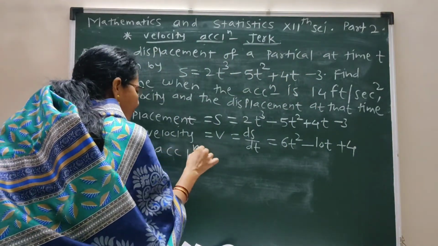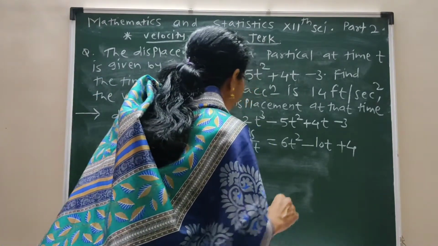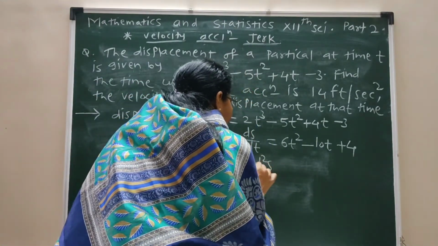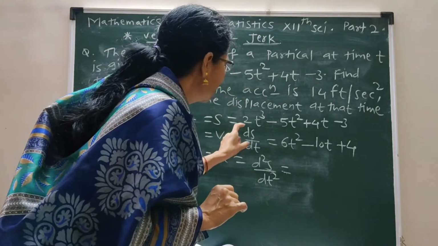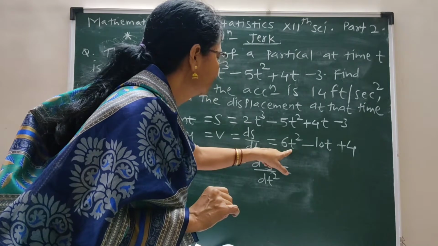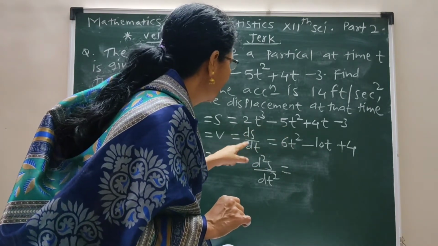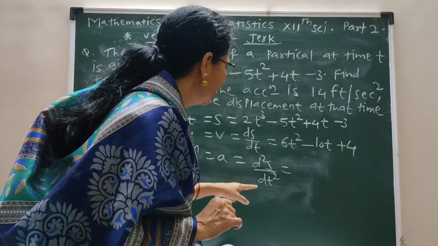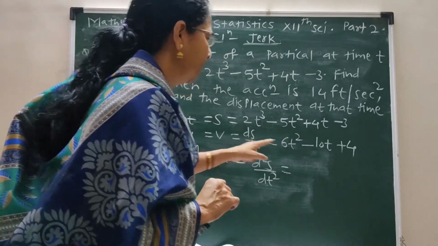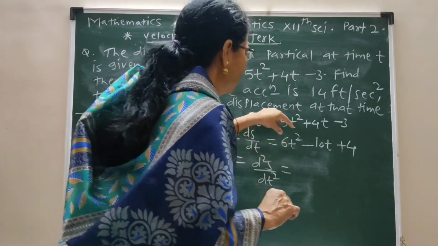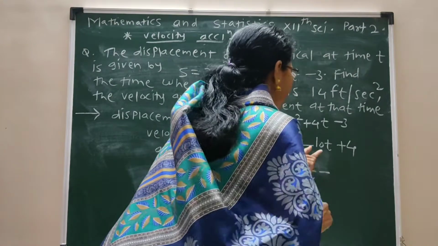Acceleration a is equal to d2s by dt square. This is the single derivative. Now d2s by dt square, the double derivative, is acceleration. Take the derivative of this statement: 12t minus 10.